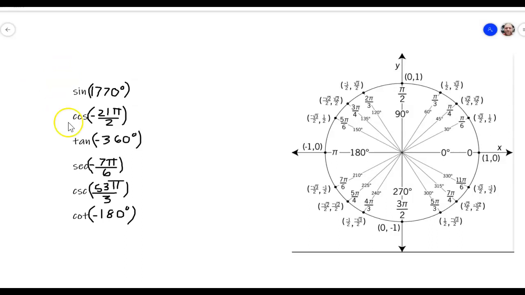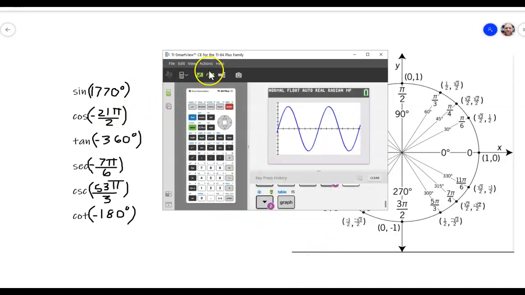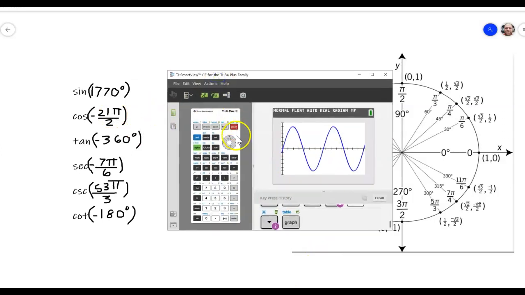So I did one of each of the 6 trig functions, and I'm going to use my calculator, not to actually find the value using the trig function, but just to get the angle into standard form. The first one is the sine of 1,770 degrees.